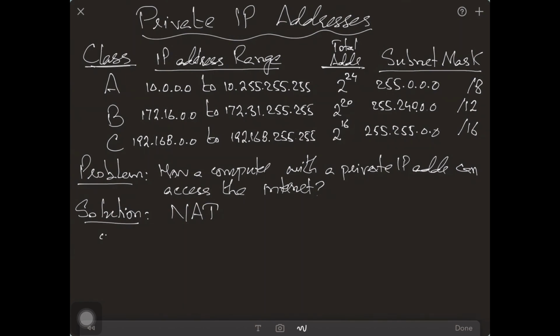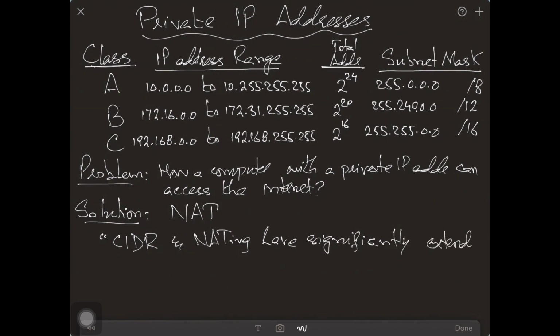So let me write an important statement: CIDR, that is Classless Inter-Domain Routing, and NATting. Both these techniques have significantly extended the useful life of IPv4.